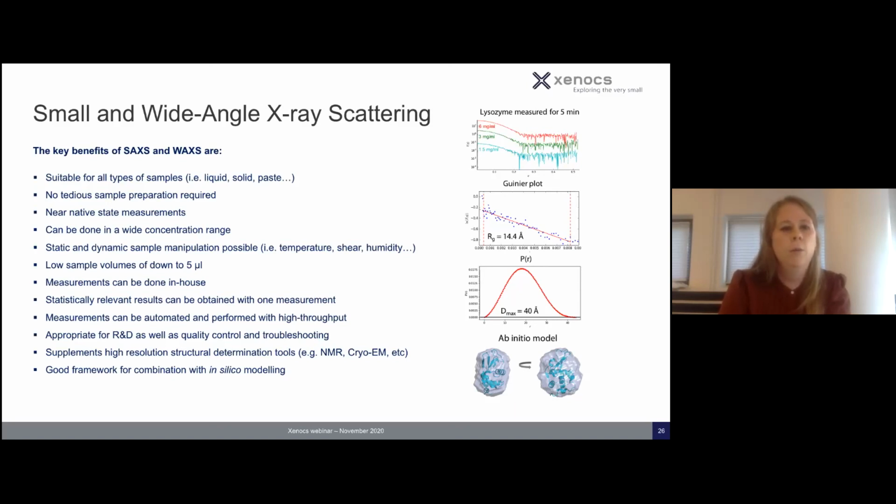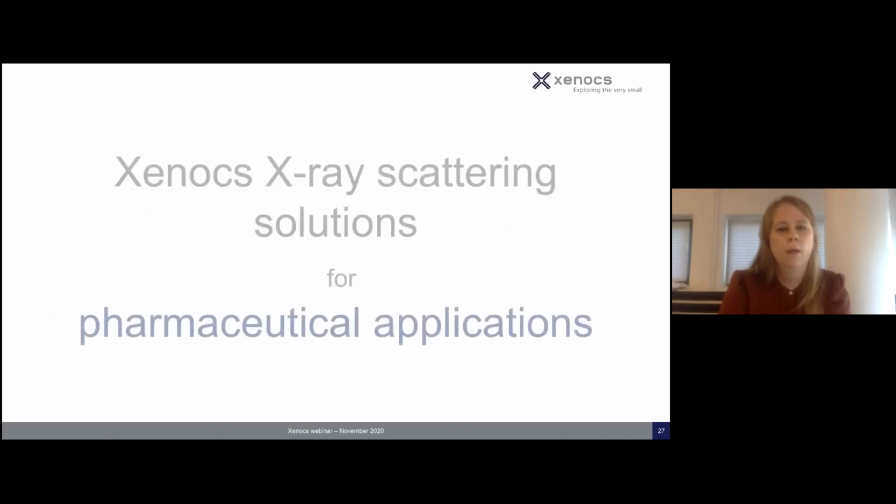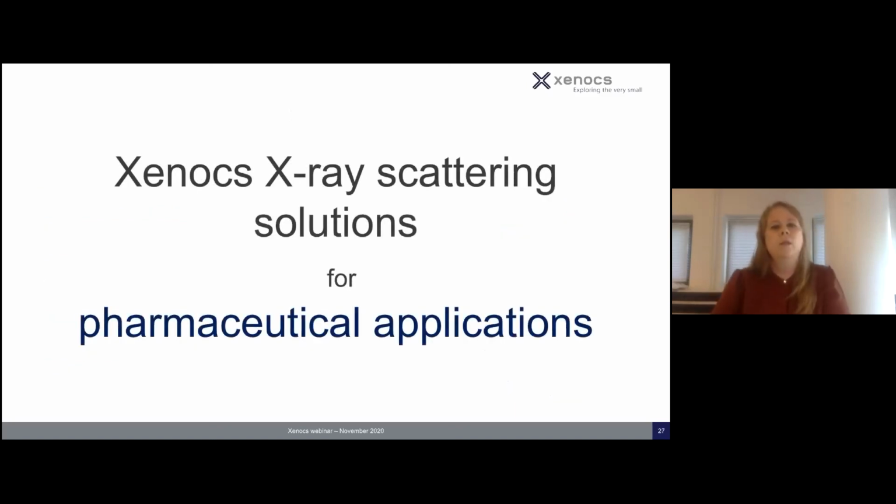It's complementary to high resolution structural determination tools like NMR and cryo-EM, for example, and it provides a good framework for combination with in silico modeling. So with this, I've come to the end of the scientific part.